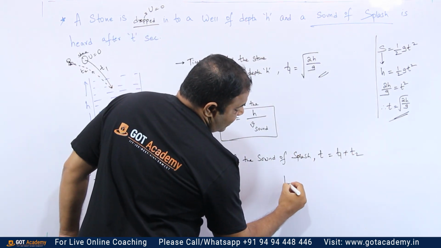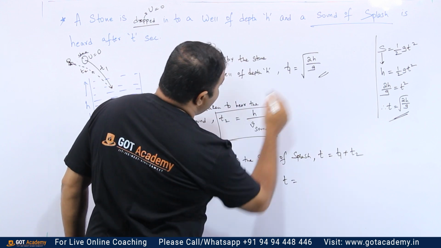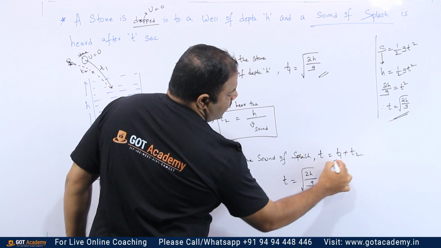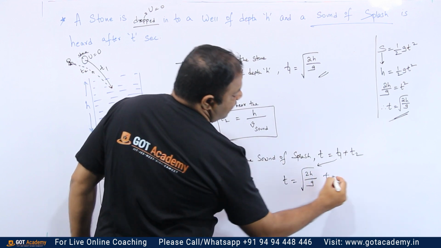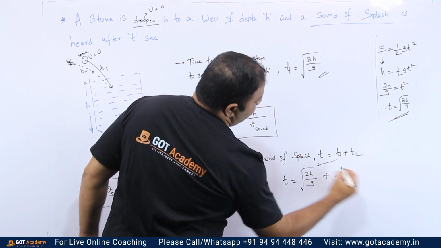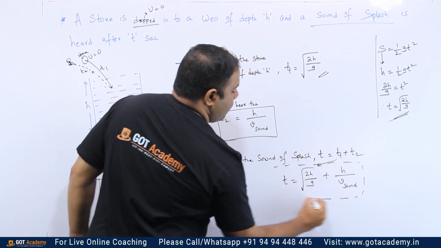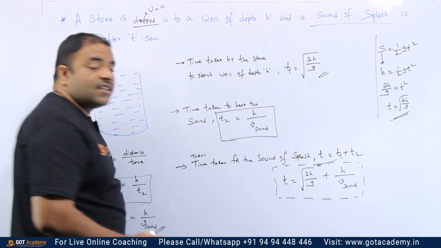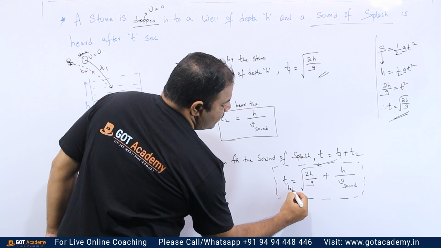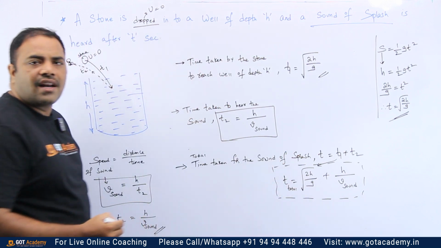So T is equal to root of 2h by g, which is T1, plus h by speed of sound, which is T2. So this is the total time taken for the sound of a splash. Is it clear, my dear children?